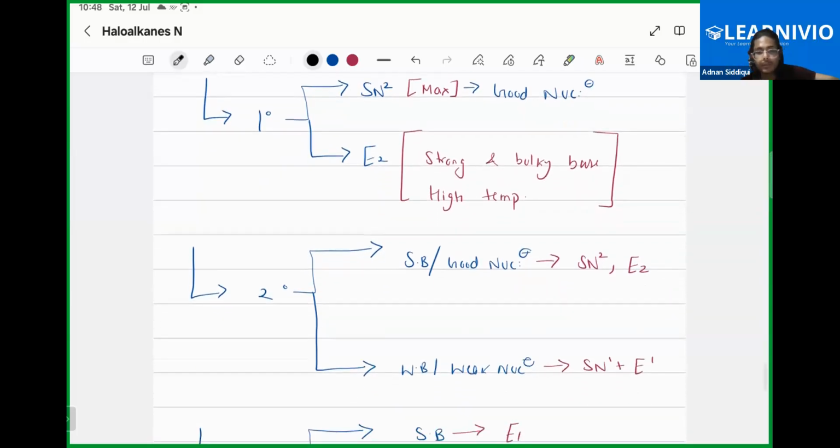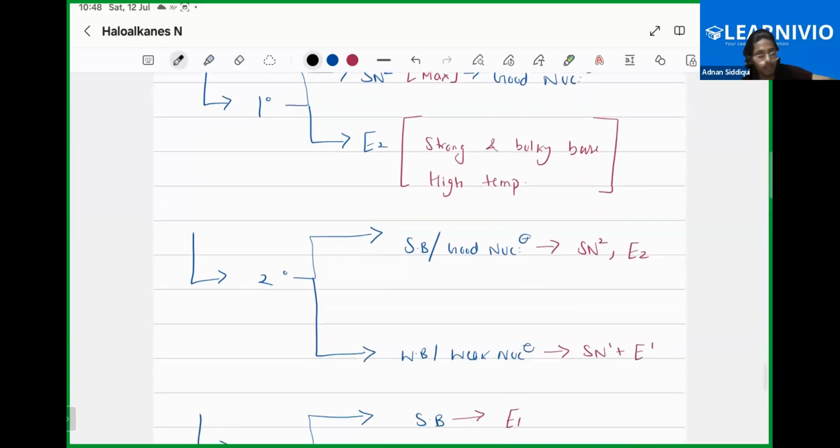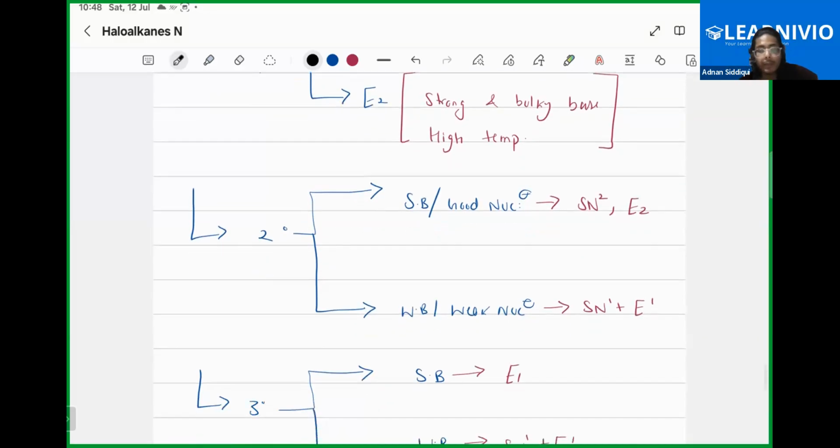If you have 2 degree, then both possibilities are there. You can either go for SN2, E2, or you can go for SN1 plus E1. Why did I mention this plus sign? Because SN1 and E1 always go hand in hand, right? If you have a strong base or good nucleophile, you will follow SN2 or E2. If you have a weak base or weak nucleophile, you will go for SN1 and E1.